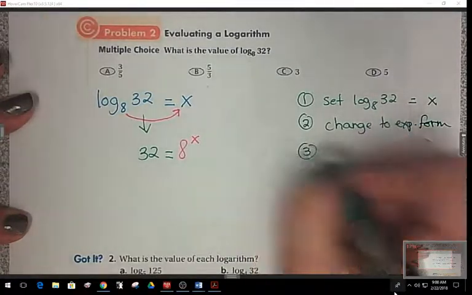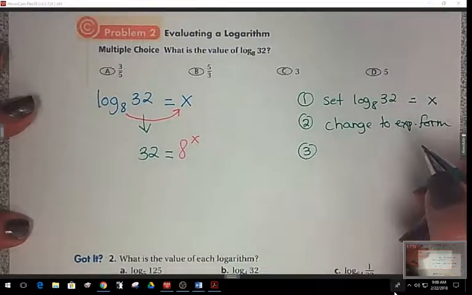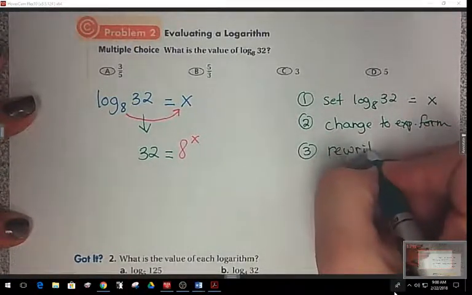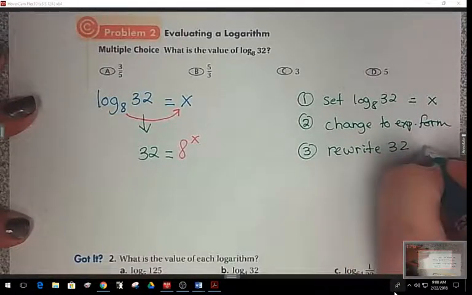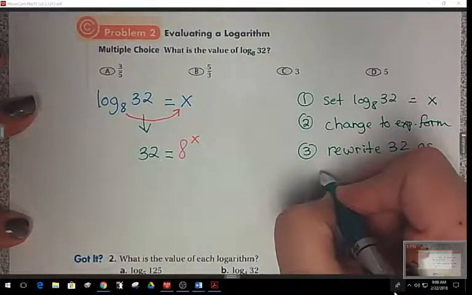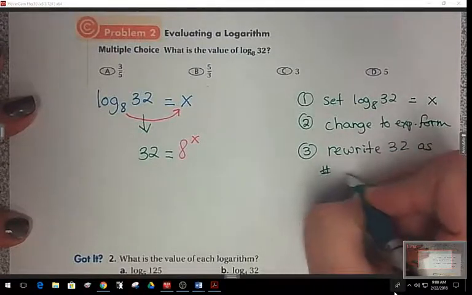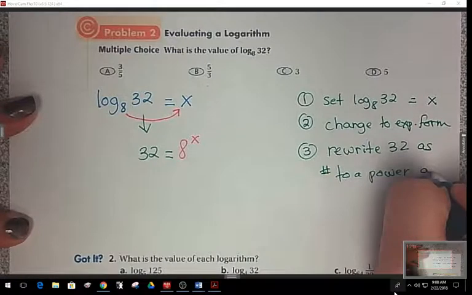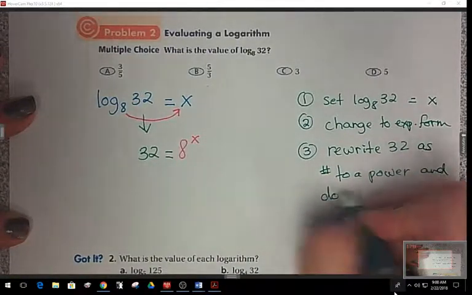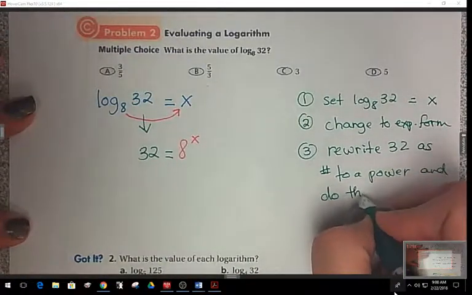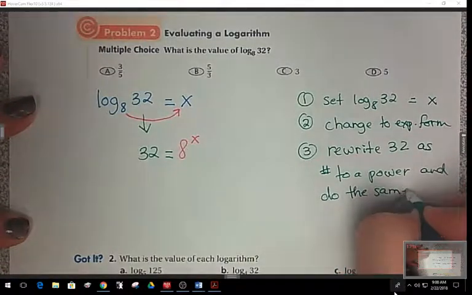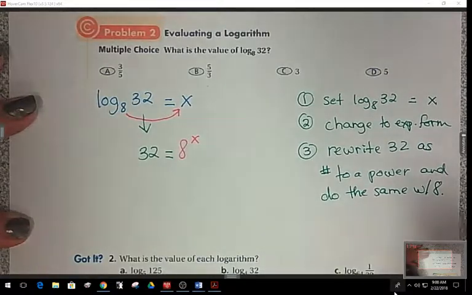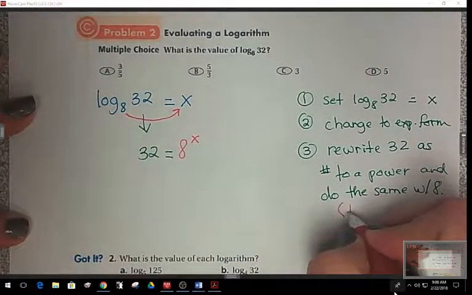And then, to actually solve for x, I'm going to rewrite 32 as a number to a power, and do the same with 8. And what you're going to try to do is you're going to try to use the same base.